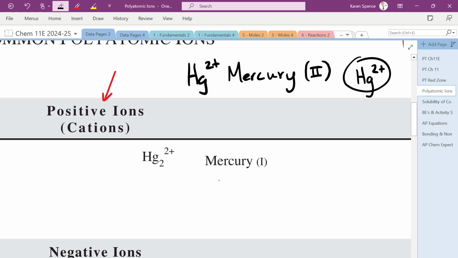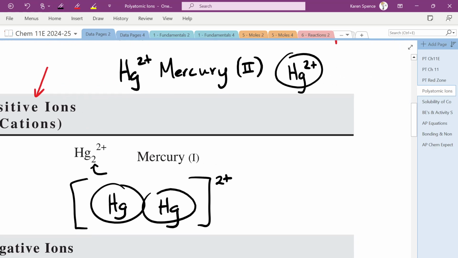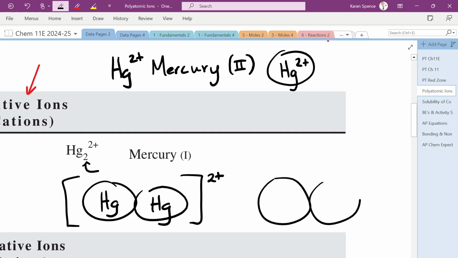But mercury 1, how many atoms of Hg do we have? 2 of them. And this entire thing has a 2+ charge, yes? So if we were to write it out and we put the charge on each individual Hg atom, what is the charge of each Hg? 1+. Okay, so that's why it's mercury 1.